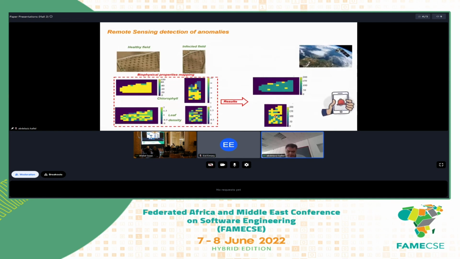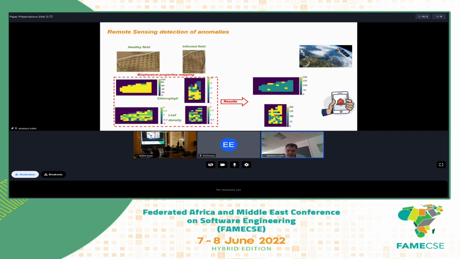As a result, we have a threshold linking chlorophyll and leaf density. If we are less than the threshold, the pixel is considered as infected, and higher than this threshold, the pixel is considered as healthy.